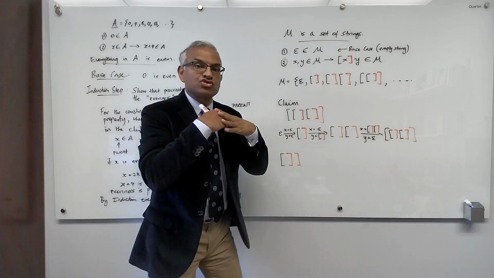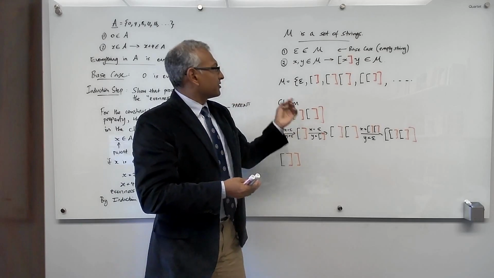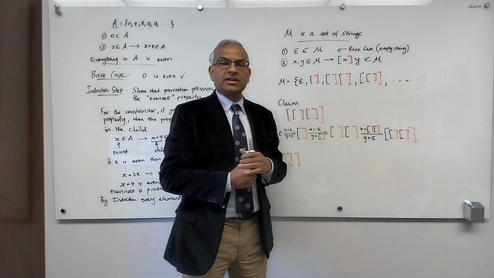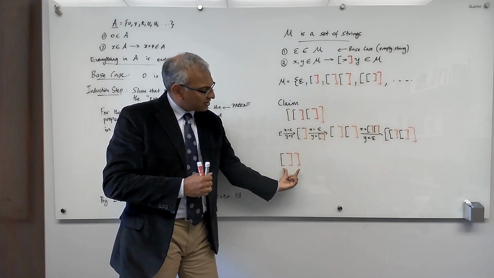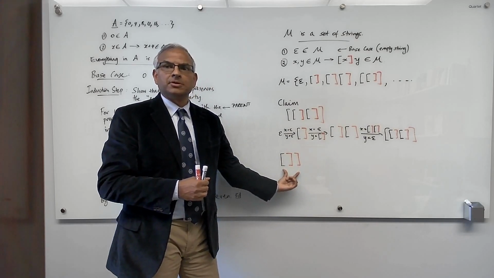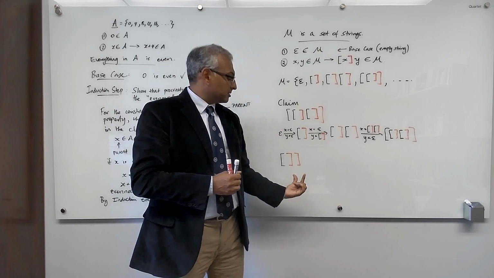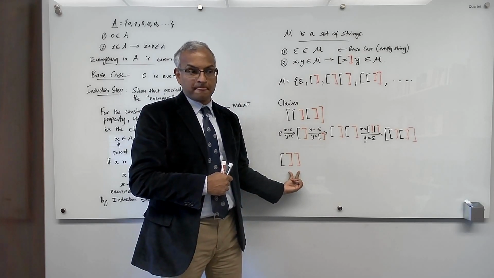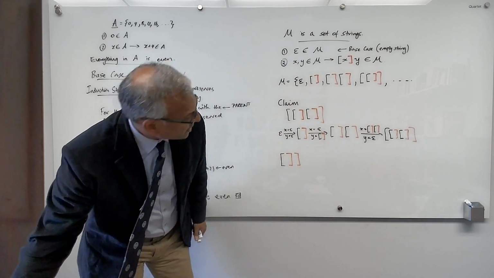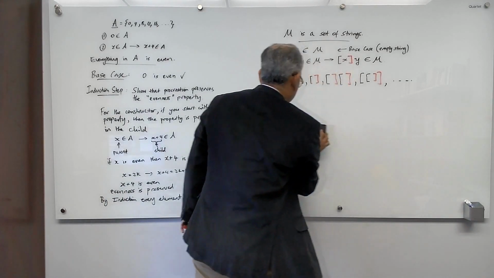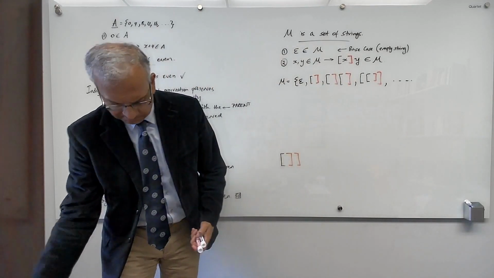Use structural induction to prove that every element in your set has that property, and then show that this string violates that property. So since we've shown that every string has that property, and this violates that property, then this cannot be in the set.